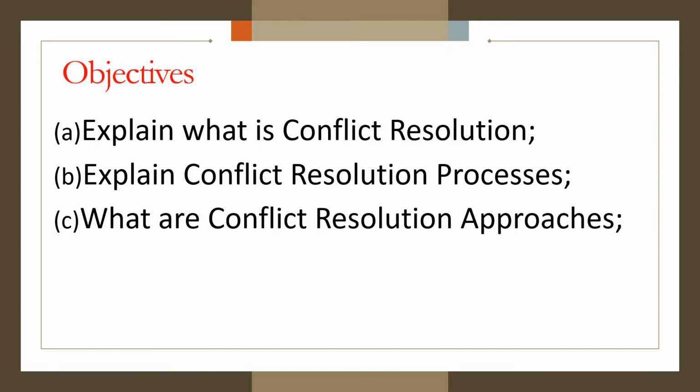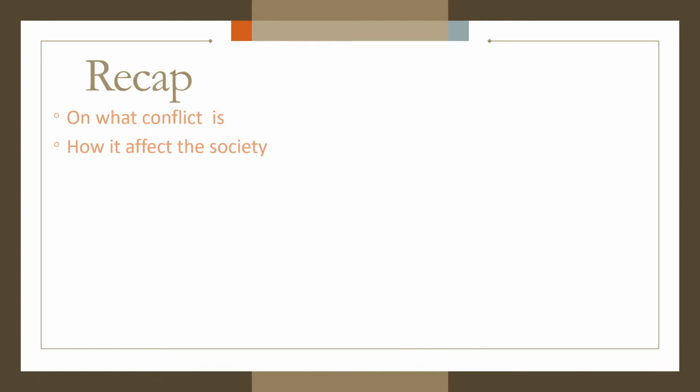We have 3 objectives again for this lesson, and they are: number 1, to explain what is conflict resolution, to explain conflict resolution processes, and also to look at approaches to conflict resolution.